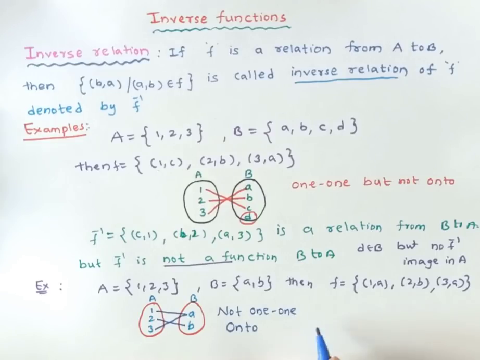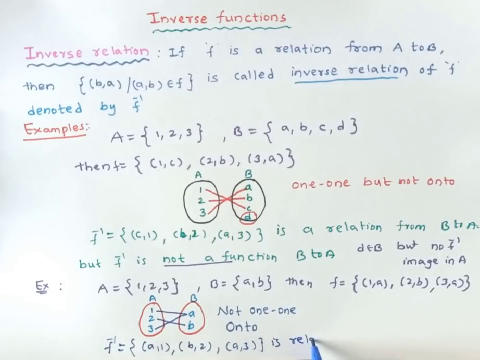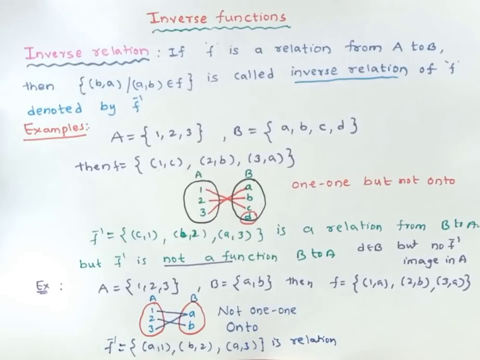Okay, so here obviously F inverse is defined like (a, 1), (b, 2) and (a, 3), which is obviously a relation, right? Now you just need to apply the function definition for this relation.